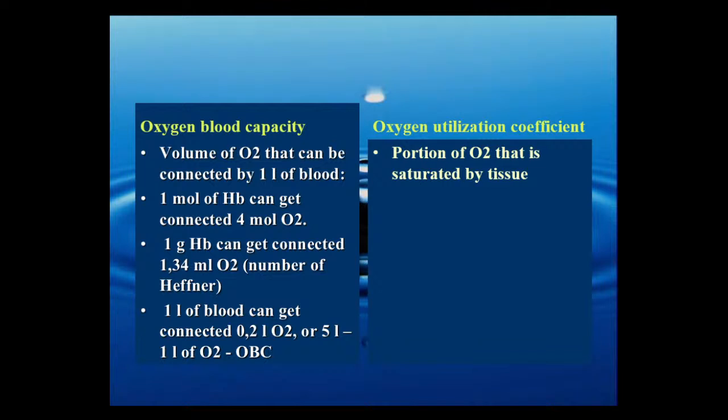Calculate that 1 gram of hemoglobin can connect 1.34 milliliters of oxygen. It's the so-called Hüfner number.